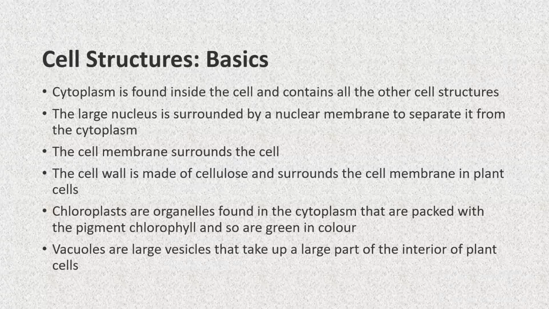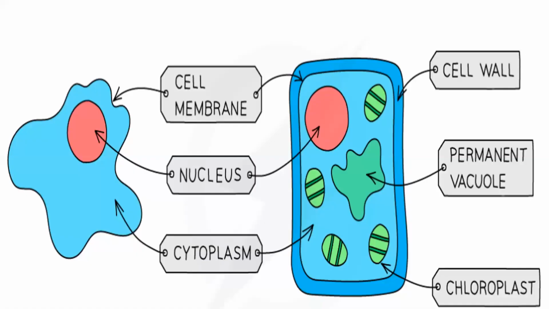Then the cell membrane surrounds the cell. This cell membrane is like a wall to protect the cell and to let pass what the cell needs to complete its metabolic processes. But in the plant, there is a cell wall and then a cell membrane.